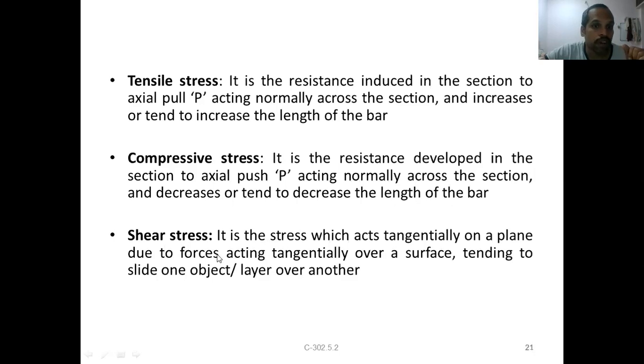Shear stress, very important. It is a stress which acts tangentially on a plane due to forces acting tangentially over a surface, tending to slide one object over another.